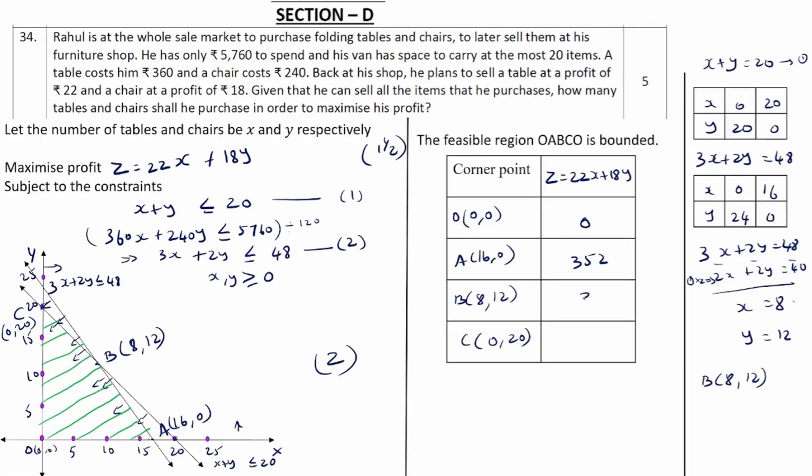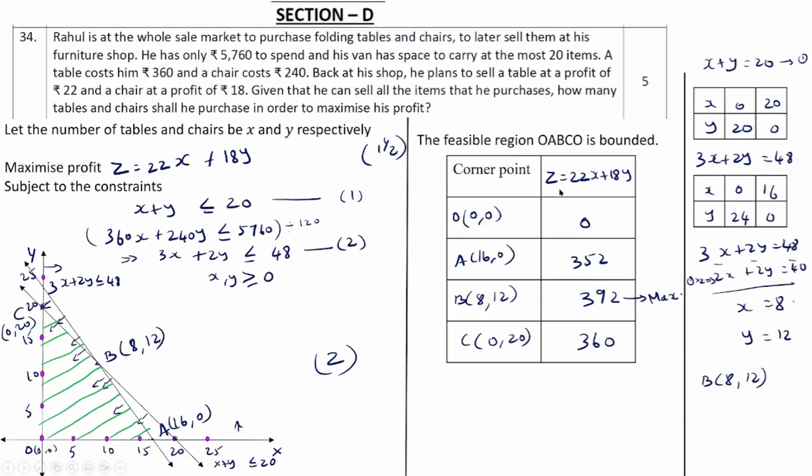When we simplify, we get 392. Then the value of z when x is 0, y is 20 is 18 into 20, which is 360.